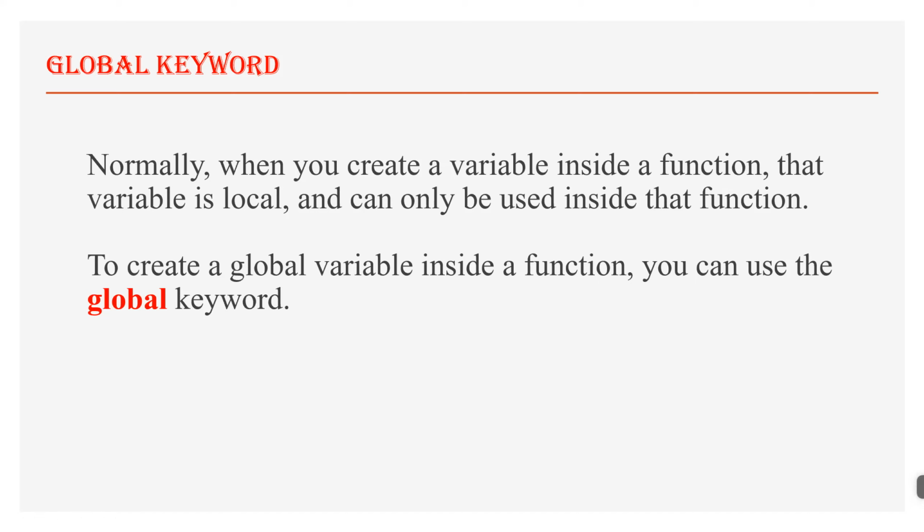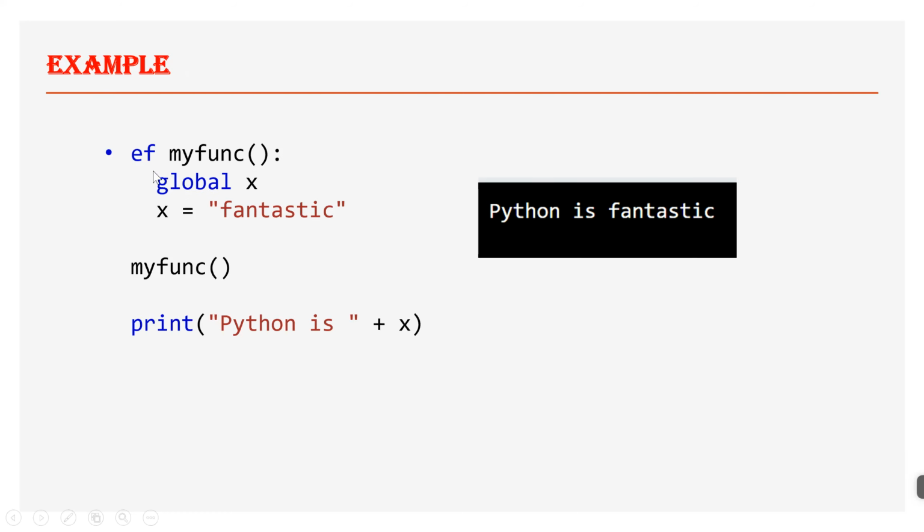Now, there is one more point. If I use a global keyword, then it will not consider any local value to it. For example, this: global x is equal to fantastic. So here if I use it, it is treated as global only. So the meaning of this is where I am defining the value for x inside the function itself. But there is a difference.